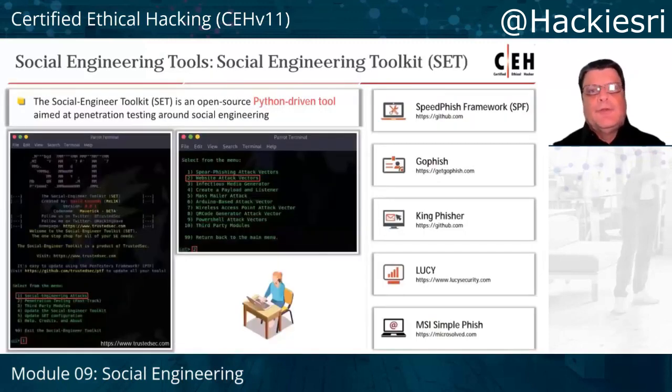Social engineering tools: the Social Engineering Toolkit, SET. The Social Engineering Toolkit, SET, is an open source Python-driven tool aimed at penetration testing around social engineering. Once again, this makes it a lot easier to do some of these things. There are several kinds. You've got Speedphish Framework, GoPhish, King Phisher, Lucy, and MSI Simple Phish.